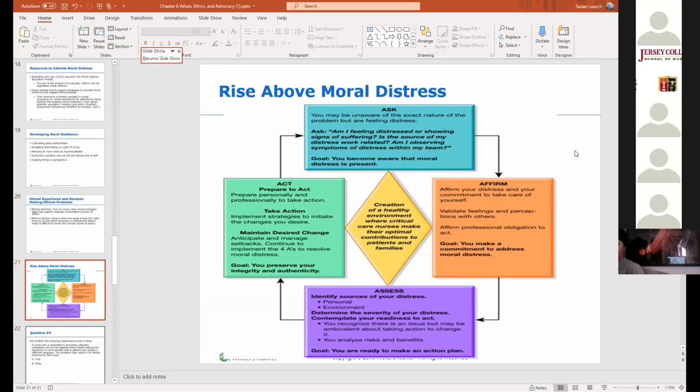Let's say that you're Catholic and you don't believe in abortion at all, okay? But the person gets pregnant and they're pregnant because of incest or rape. So now you have ethical distress, right?